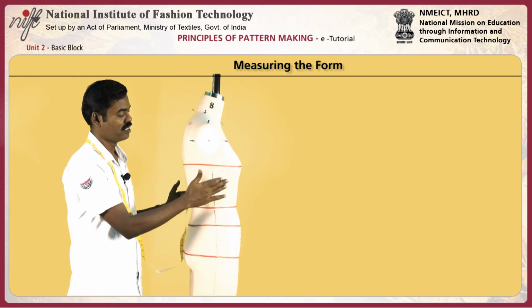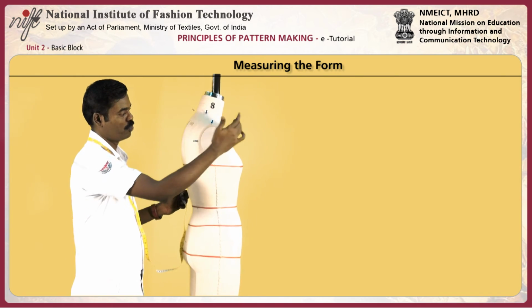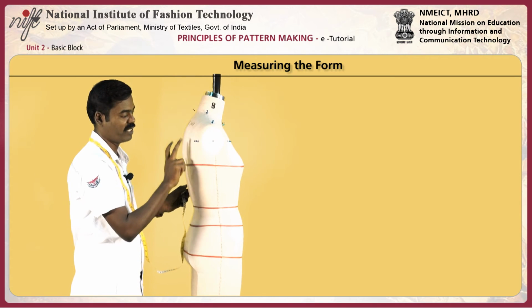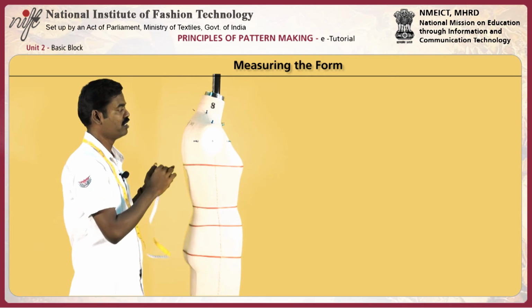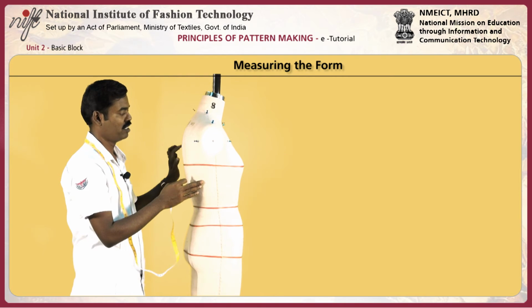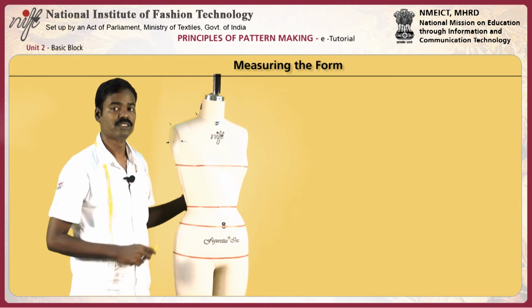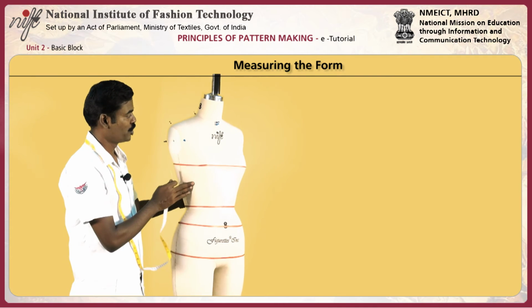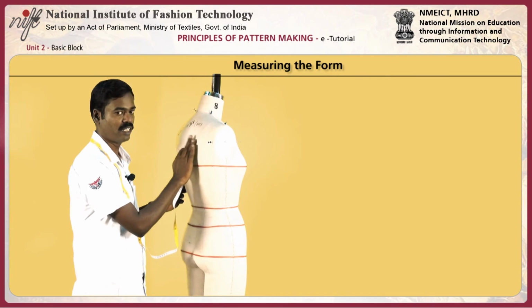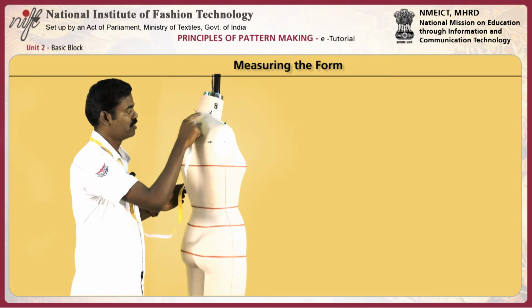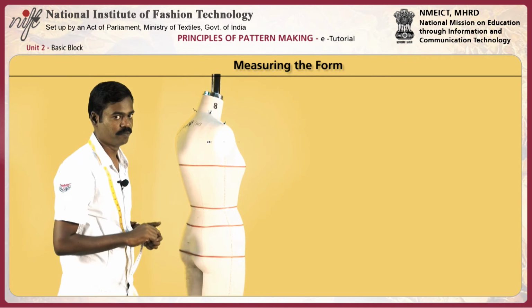For the back, this is the right side. I measured the right side of the front, so for the back I have to measure the right side. Don't measure the other side.